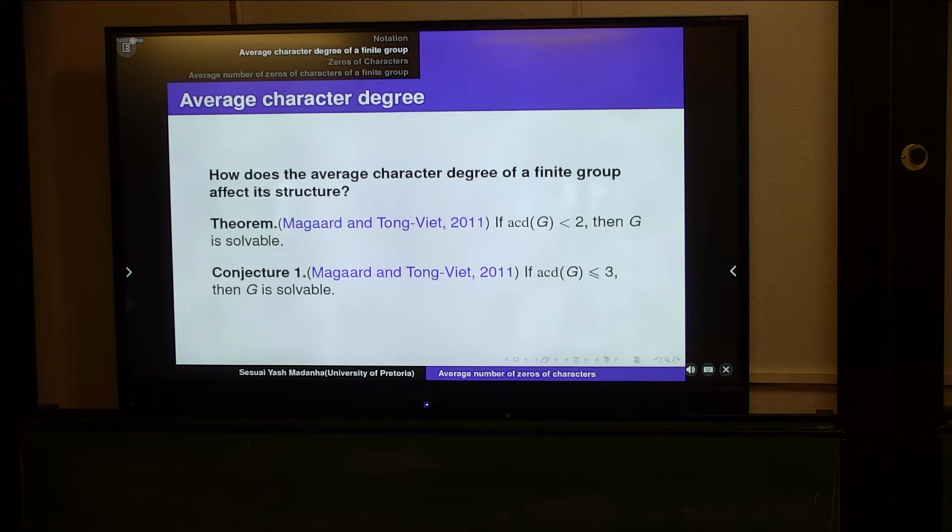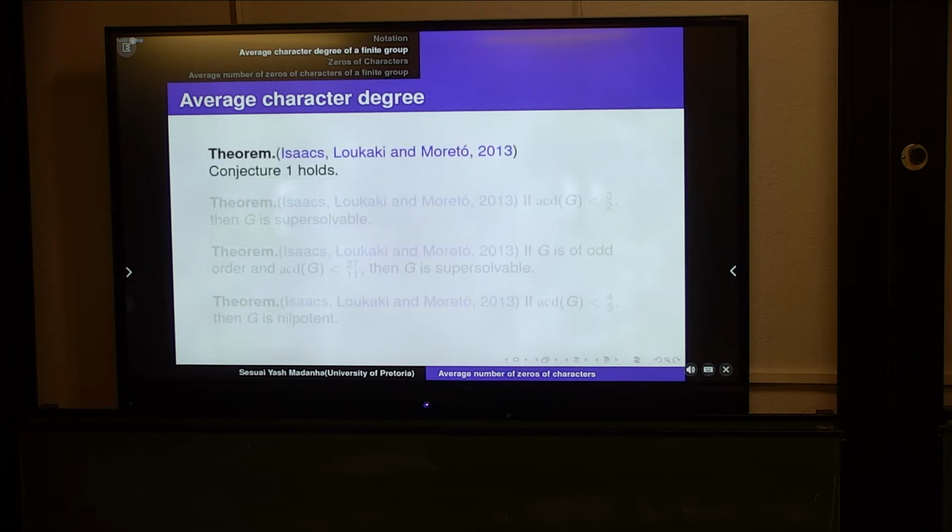I don't know why they picked 3. I think they were very conservative, but I don't know their thought process. But anyway, Isaacs, Loukaki, and Moretó then showed that their conjecture is actually true.